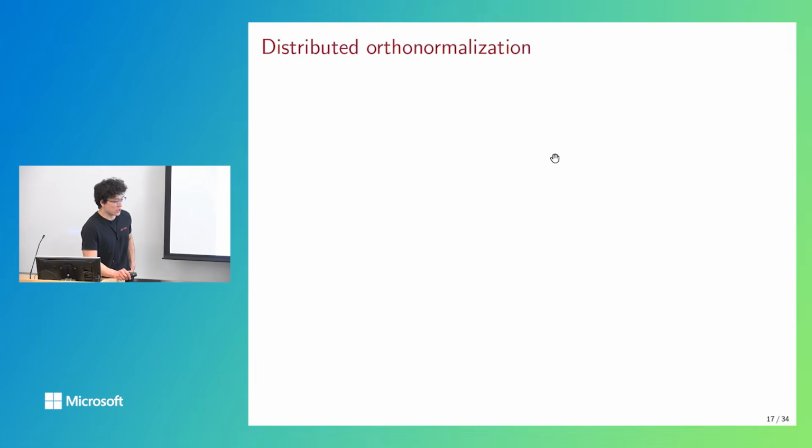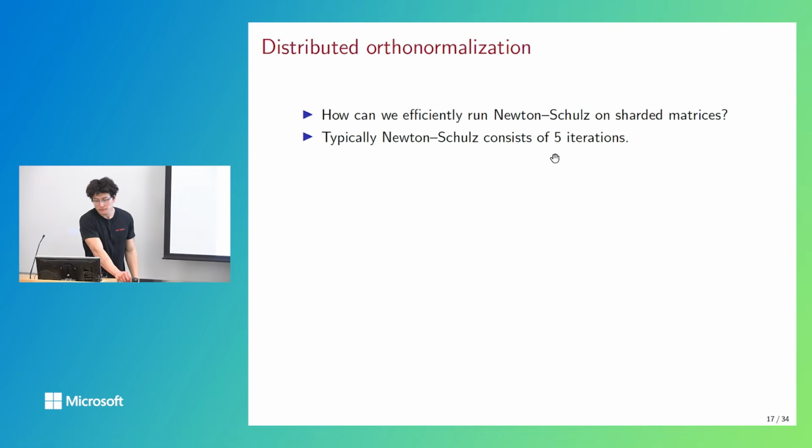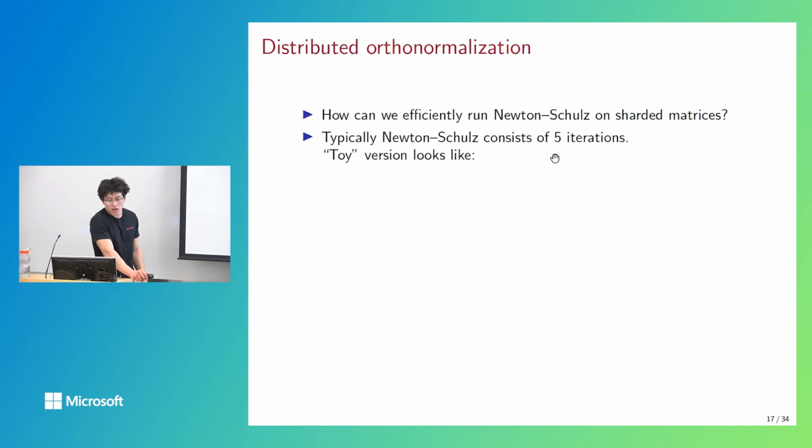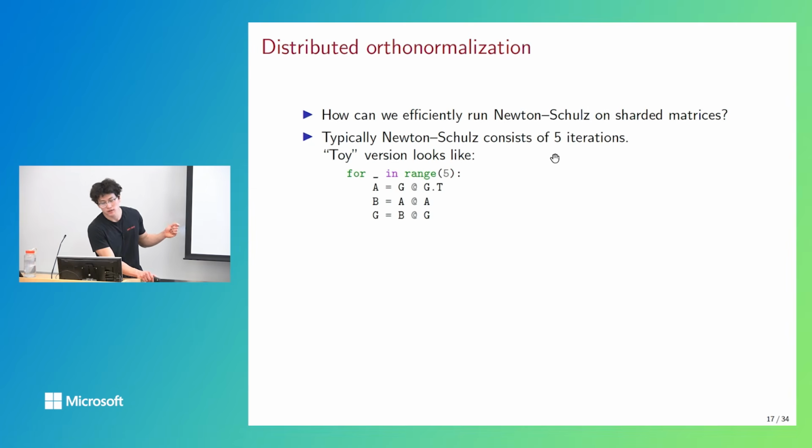So the quick question is, how can we orthonormalize a given matrix in a distributed fashion when things are sharded? We're going to discuss this based on a toy version of the Newton-Schulz iteration I talked about. For now, the goal is to compute the fifth power of matrix G. This is what the toy version of the Newton-Schulz implementation looks like.